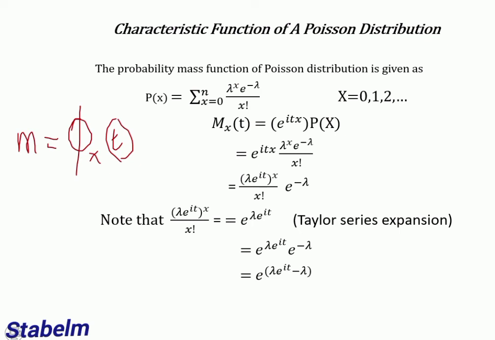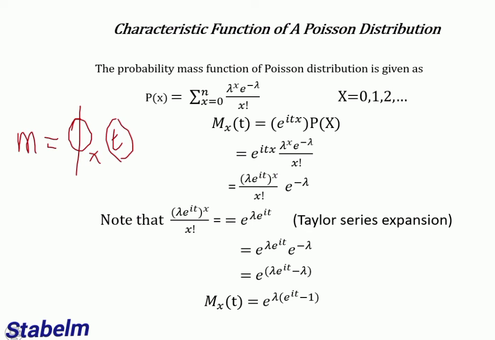Since we have lambda here and lambda here, you can simply factorize the lambda, and we're going to have m subscript x of t equals exponential raised to power lambda into bracket exponential iota t minus 1. So this is the characteristic function of a Poisson distribution.